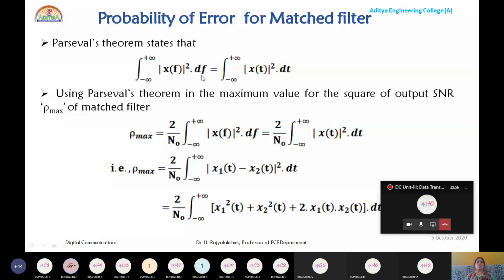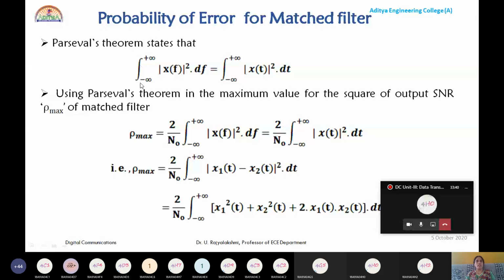Here Parseval's theorem states, so please remember this theorem, that the integral of the magnitude square of a particular function in the frequency domain is equal to that of the same function in the time domain. So what is Parseval's theorem? It states that the square of the magnitude of a particular function in the time domain and frequency domain are equal.